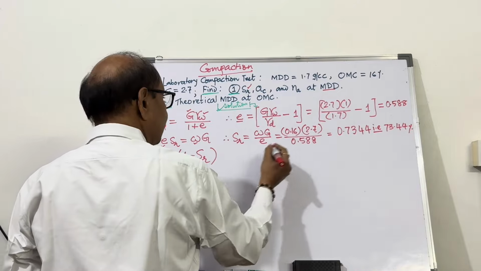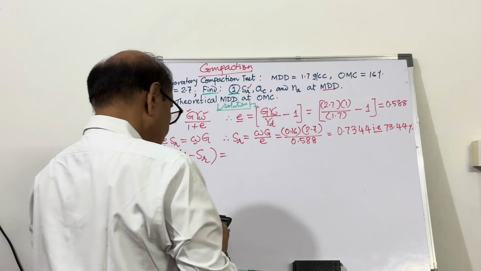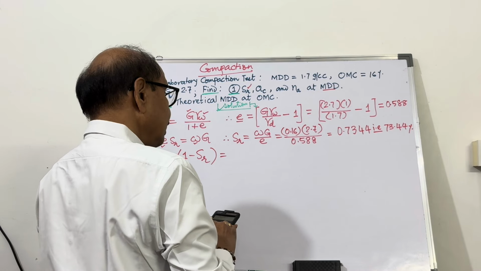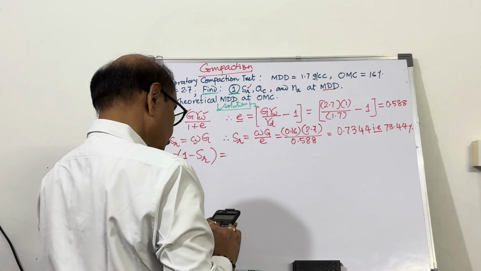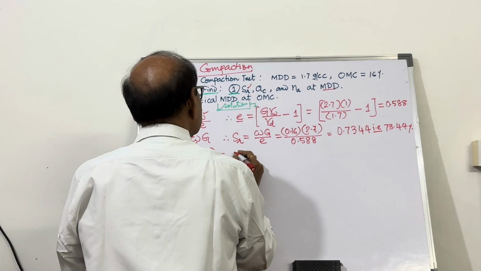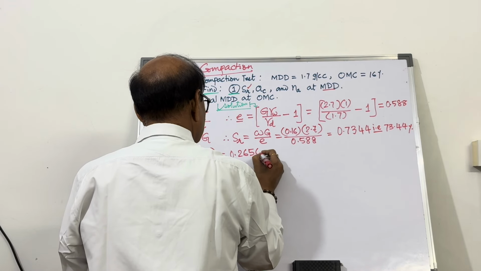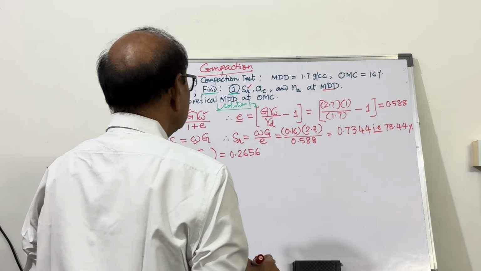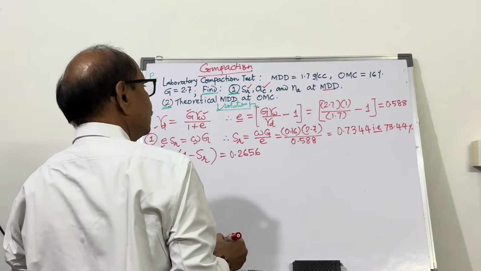So, here degree of saturation we know, and therefore 1 minus 0.7344 gives you the value of air content, that is 0.2656. So this is the value of air content.